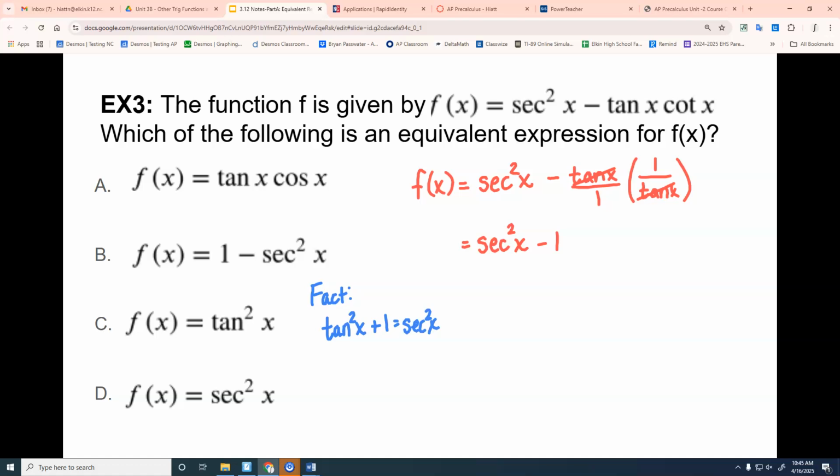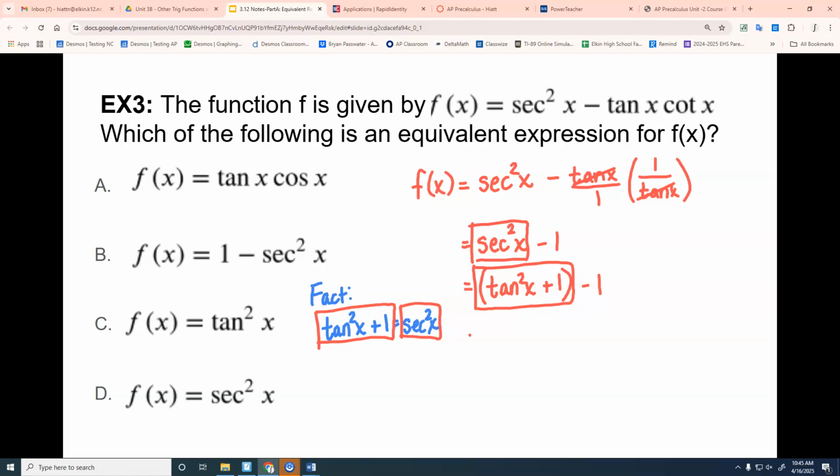So secant squared x equals tangent squared x plus 1, right? So it is acceptable here to take our secant squared x and turn it into tangent squared x plus 1.